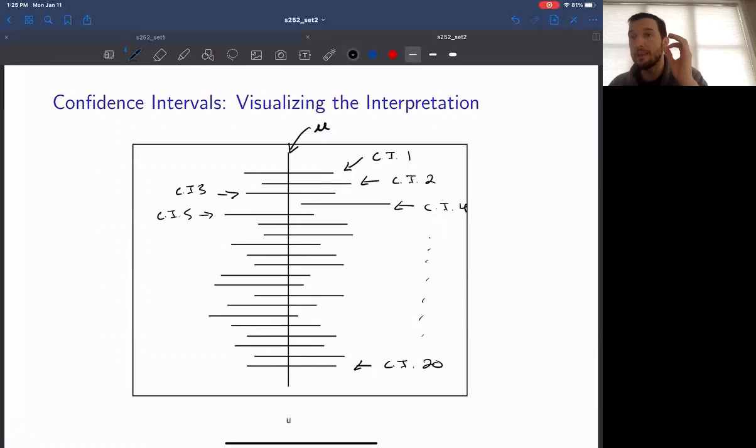When we interpret the individual confidence interval, we use the word confidence to represent this idea of repeated sampling. So the idea that we have collected multiple samples from the same population and some proportion of those samples contains the true mean, or some proportion of the confidence intervals based off those samples contain the true mean.